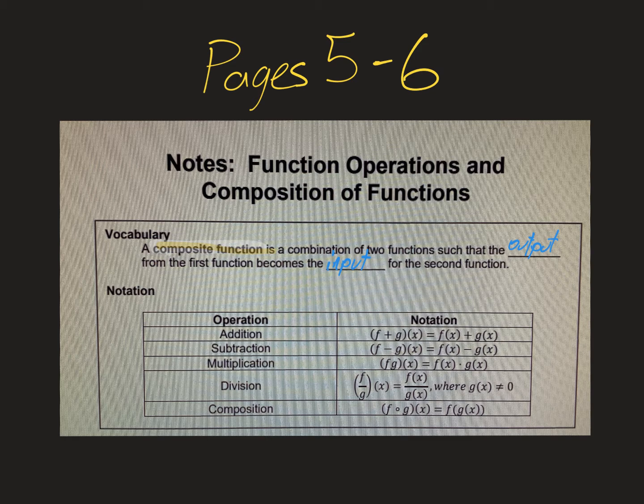Below that, let's look at some of this notation. Guys, this is really important because there is some confusion with this that I see. If you look at the addition, subtraction, multiplication, and division, you'll see the left side says f plus g parentheses x. Notice that that is f of x plus g of x.